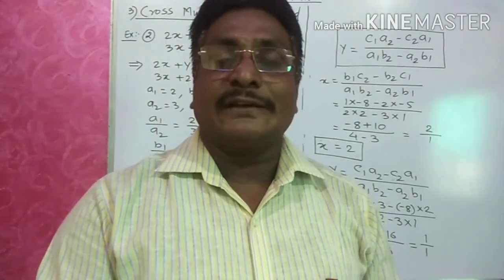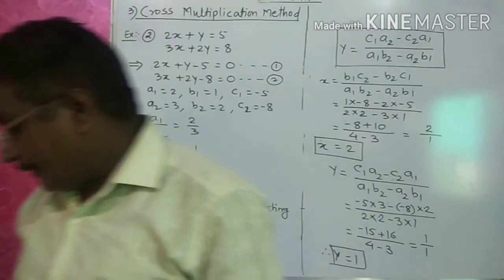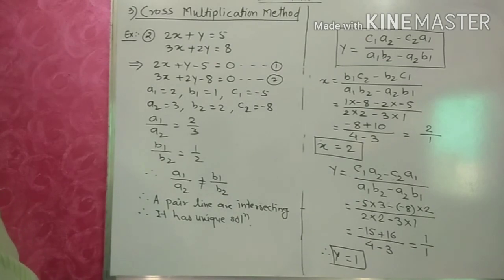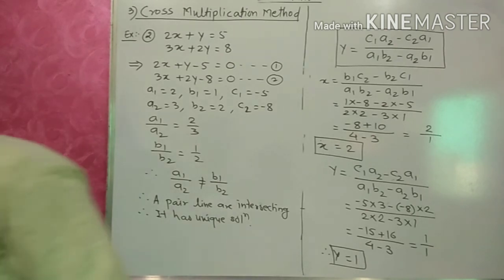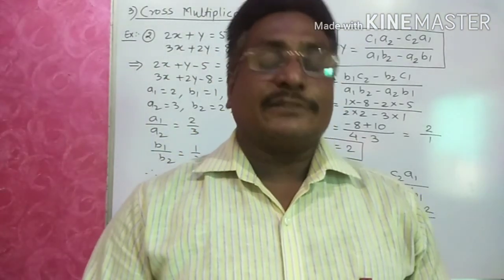So I hope you understand this, students. Whatever exercise 3.5 examples are given, the first question, second question and third question, you have to solve by the elimination and substitution method.